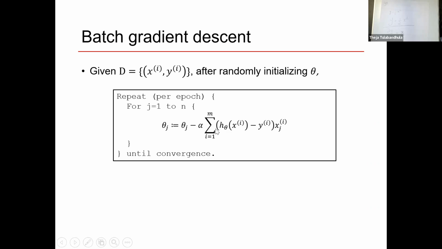So the final convergence, after the repeat for each epoch, until convergence. The way this symbol works, I didn't explain it earlier: you can write a superscript old here and a superscript new here. There are old values at the beginning of this update, and new values at the end of this update.